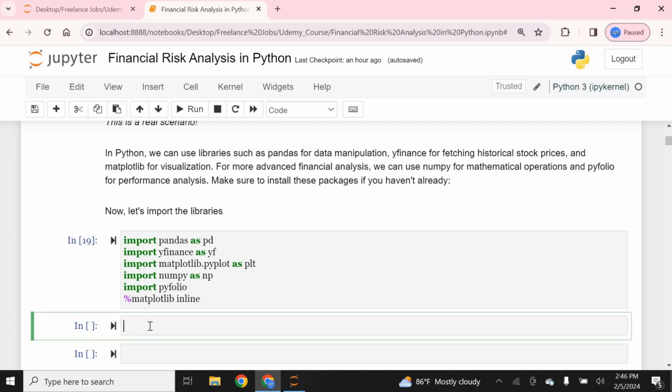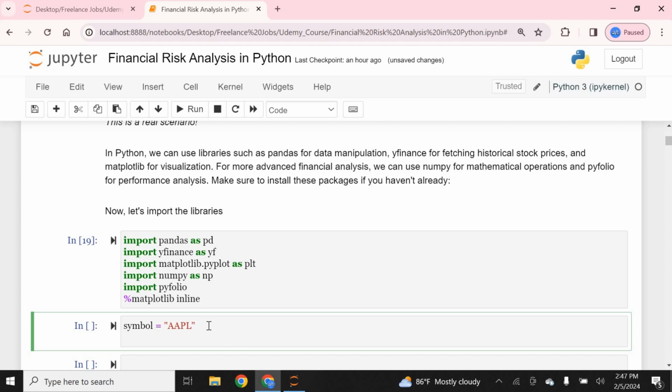The next step right now is to get the historical stock prices. And how do we do that? First and foremost, you will need the symbol for Apple, and their symbol is actually AAPL. Then the next thing now is to indicate the start date, from when to when.